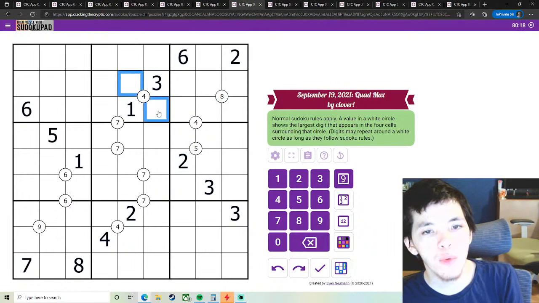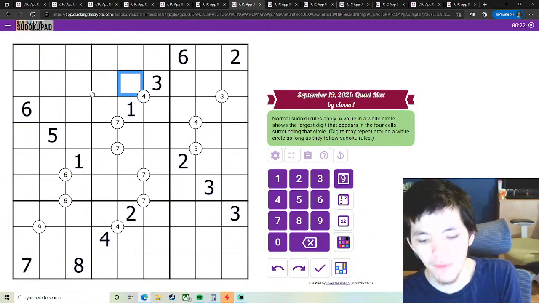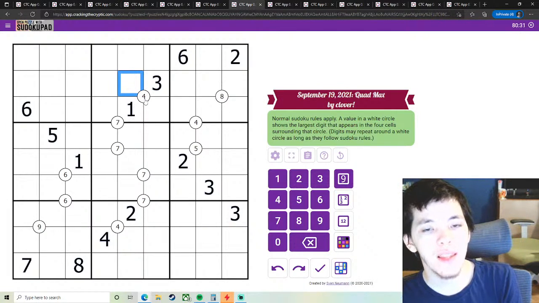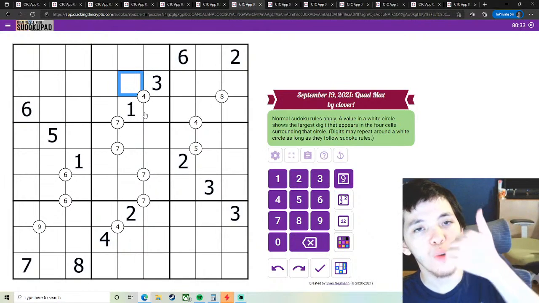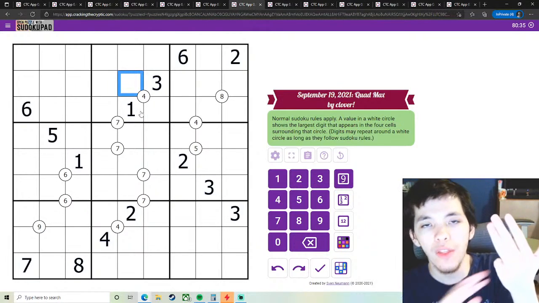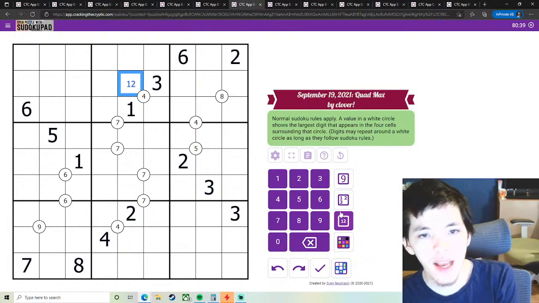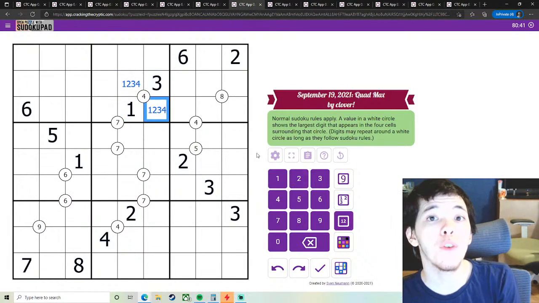So the largest number I could put in these 4 cells is the digit 4. If I put a 5 here, this breaks that rule because it's larger than 4. How this helps me is that the only digits that are at most 4 are 1, 2, 3, and 4. The rest of the digits in Sudoku are too large. In other words, these have to be a 1, 2, 3, or 4.